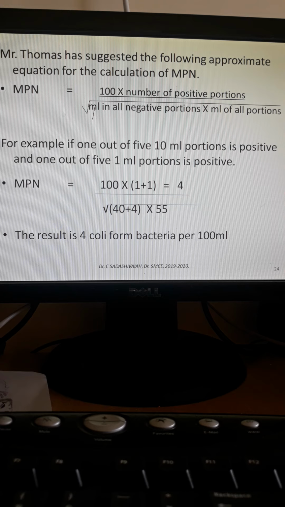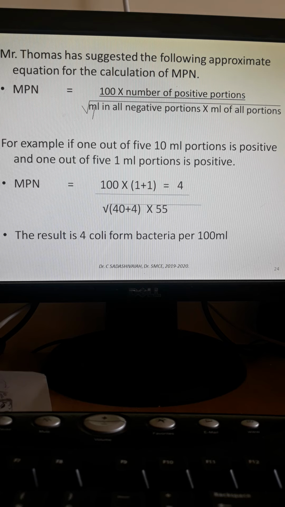Similarly, in the other set where 1 ml was poured into each of 5 test tubes, there also 1 test tube indicated positive. Therefore, the number of test tubes indicating positive will now be 2.